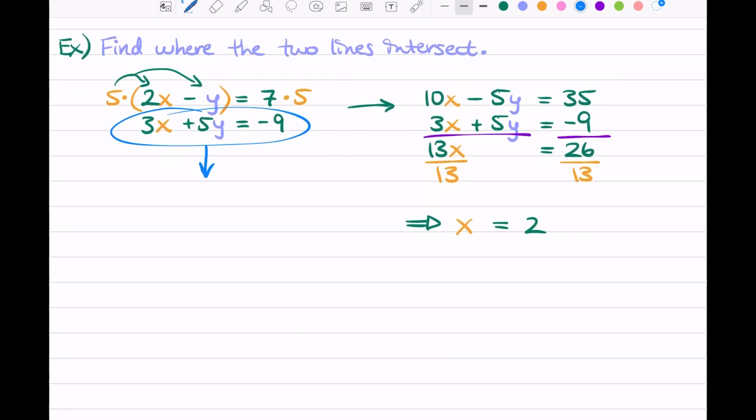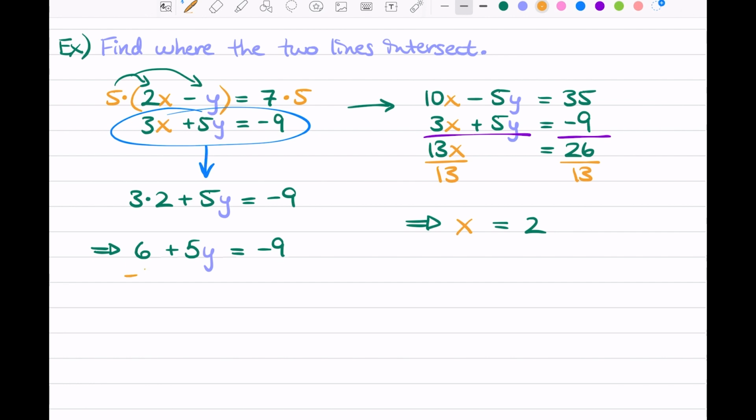We can bring down one of our equations and substitute our x equals 2 in there. So we have 3 times 2 plus 5y equals negative 9. That leads to 3 times 2 is 6, plus 5y equals negative 9.